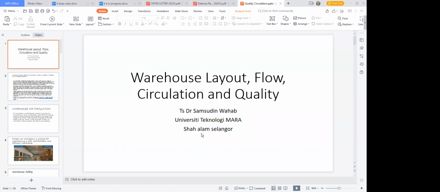That's why layout is also an important element in warehouse management.